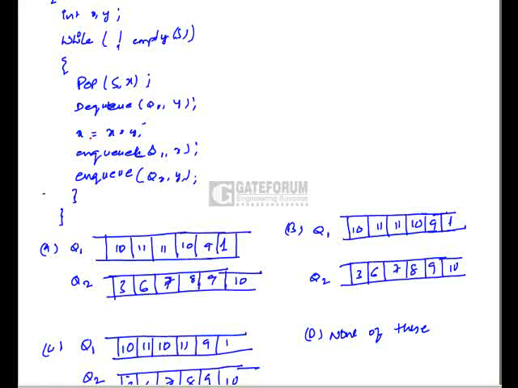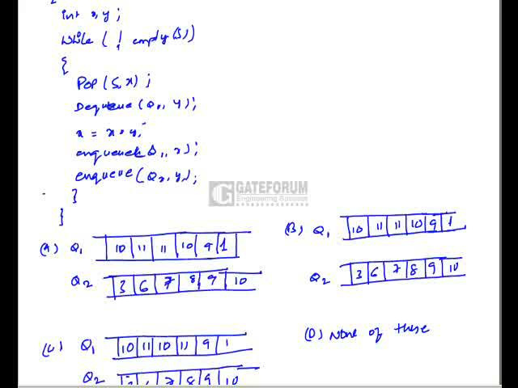Then we have to add x with y and store it in x. And then again enqueue Q1 with the value which is present in x. After adding x and y and storing the result into x, we have to add the element to Q1, and then we have to add the element y, which we have deleted from Q1, into Q2.